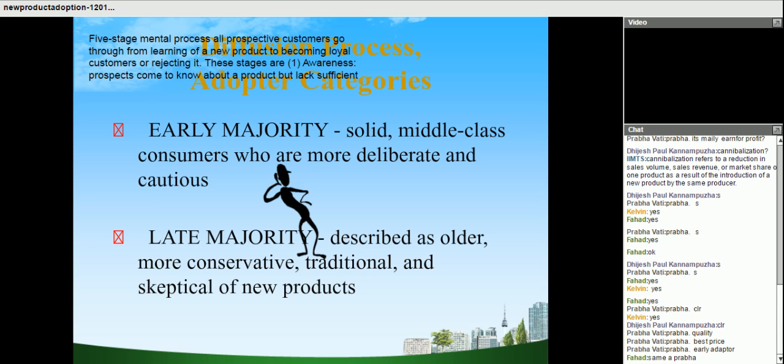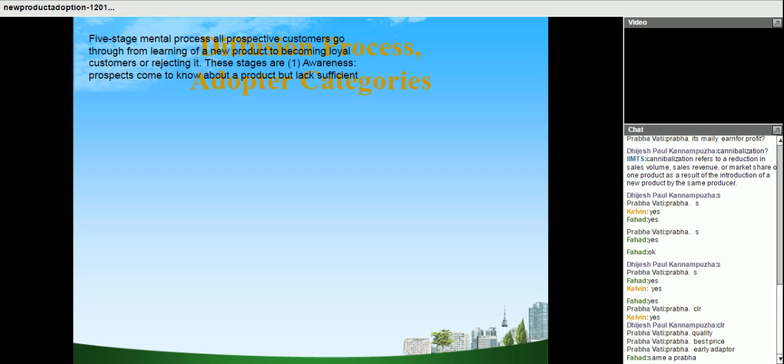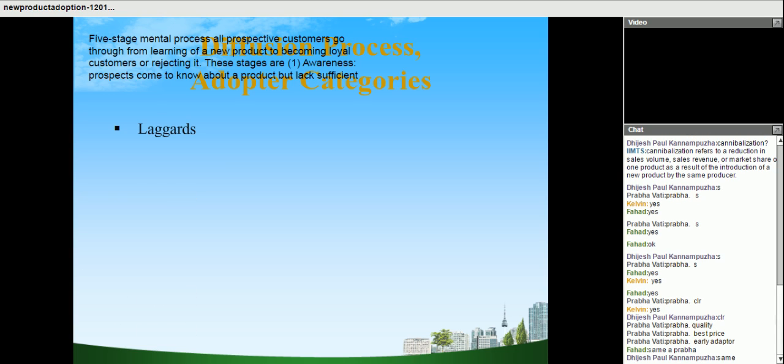Okay. No one is innovator. No one is willing to take the risk to test the service or product. Vijesh, what about you? Same. Okay.